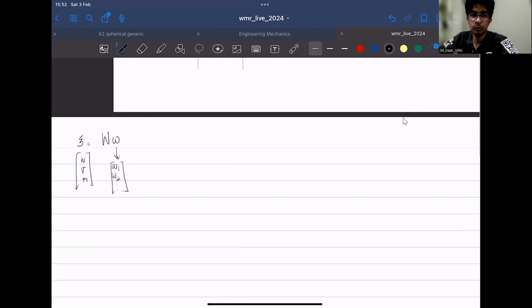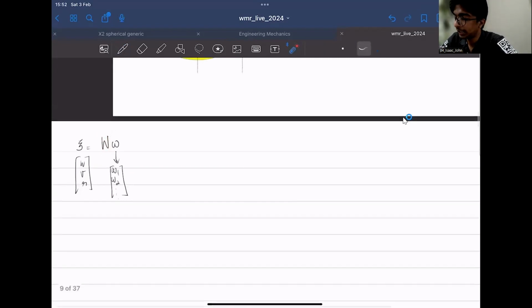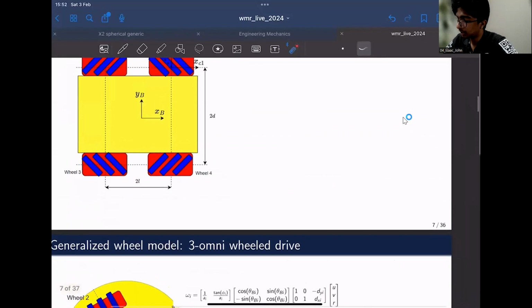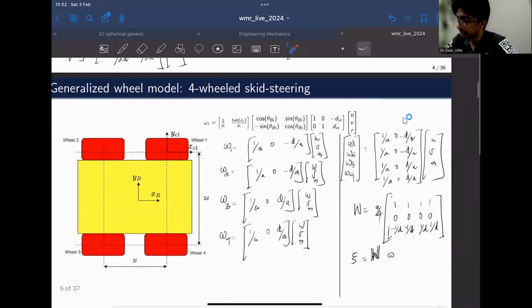And as you might have observed, the W matrix need not be square all the time. So in the case of a mecanum wheel drive, the W matrix is 4 cross 3. Sorry, it's 3 cross 4. It's not a square matrix. And in case of this skid steering robot, it's also 3 cross 4, 3 rows and 4 columns.